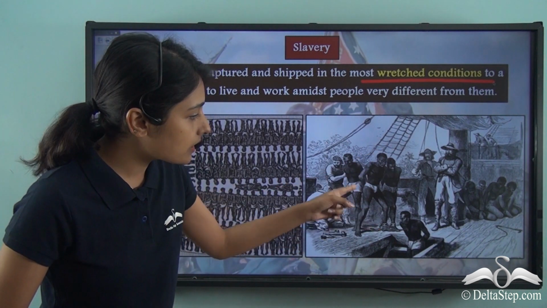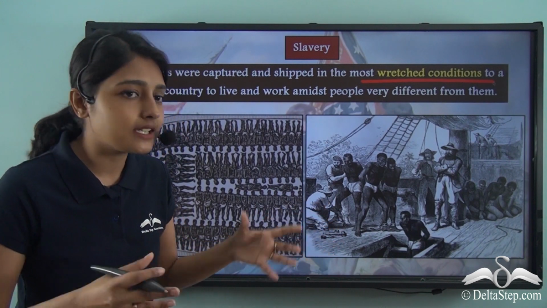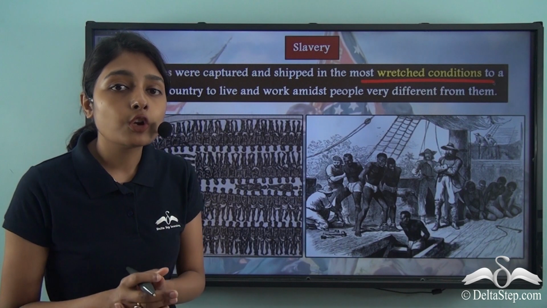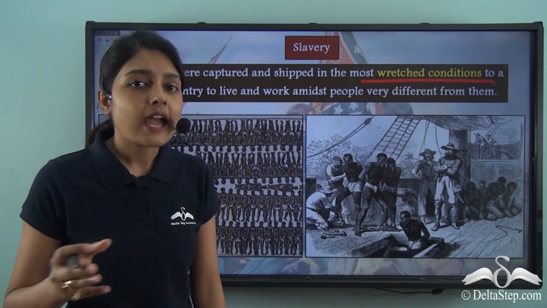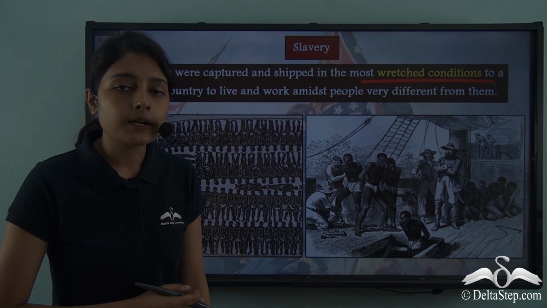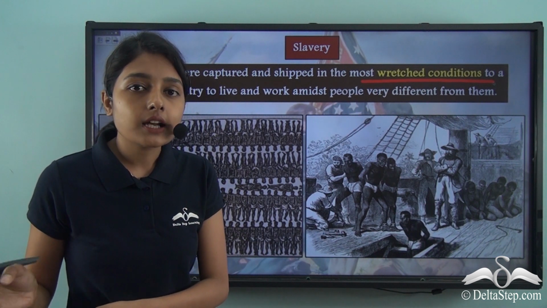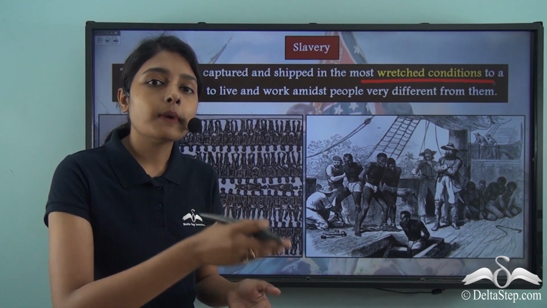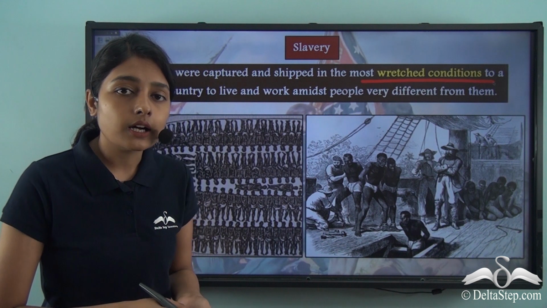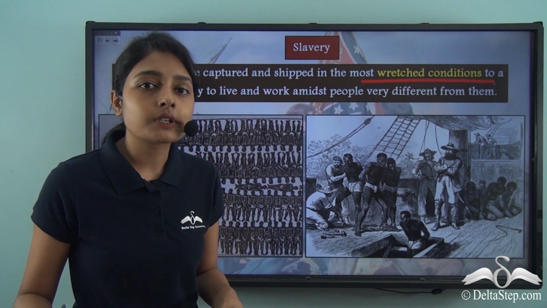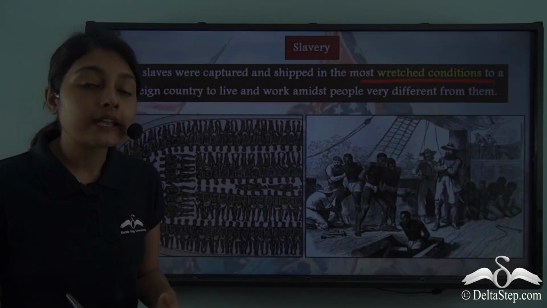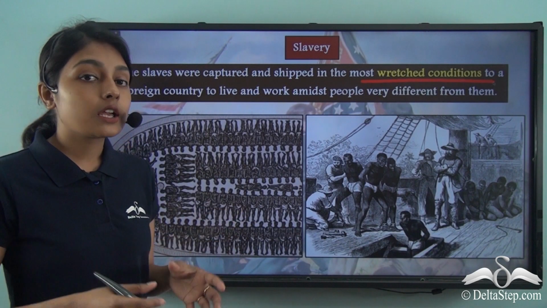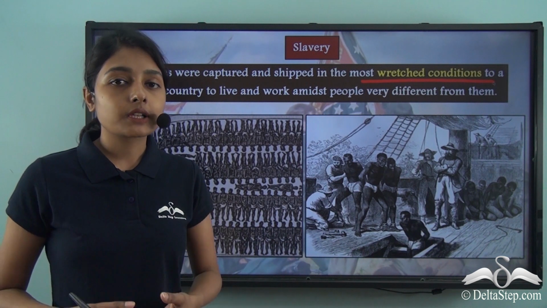You can see here how they were beaten, their hands and legs were tied. They were not given the minimum space that a person requires to live. Africa is located thousands of miles away from North America, and it took quite some time for these ships to reach North America, and in these ships they were compelled to live in these miserable conditions.